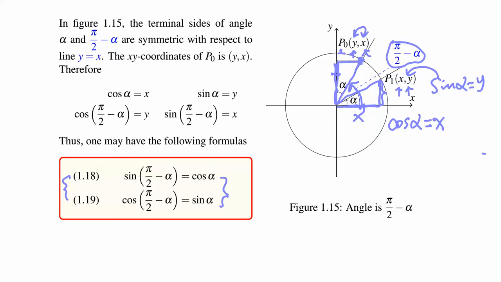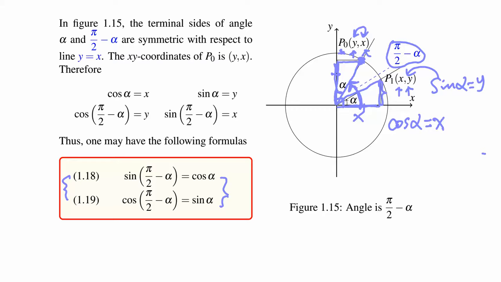Why? Because this angle is alpha, and the whole angle is 90 degrees. So pi over 2, 90 degrees, minus this angle, that will be the angle of this part. Okay, so this angle pi over 2 minus alpha corresponds to this point P0 with coordinate yx.